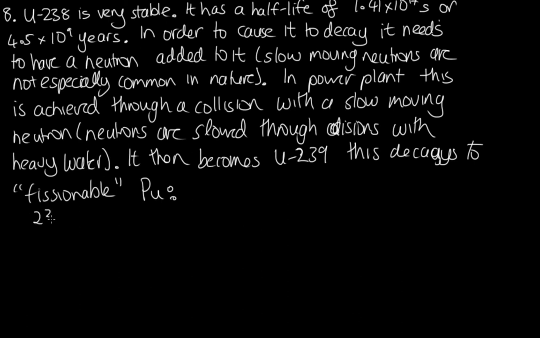So we've got the 238, 92 uranium mixes with a slow moving neutron which sticks to it, giving us 239, 92 uranium, which is then unstable.